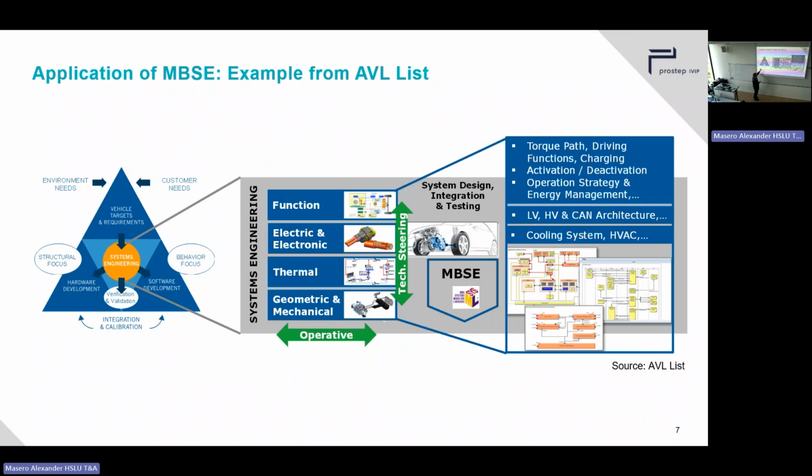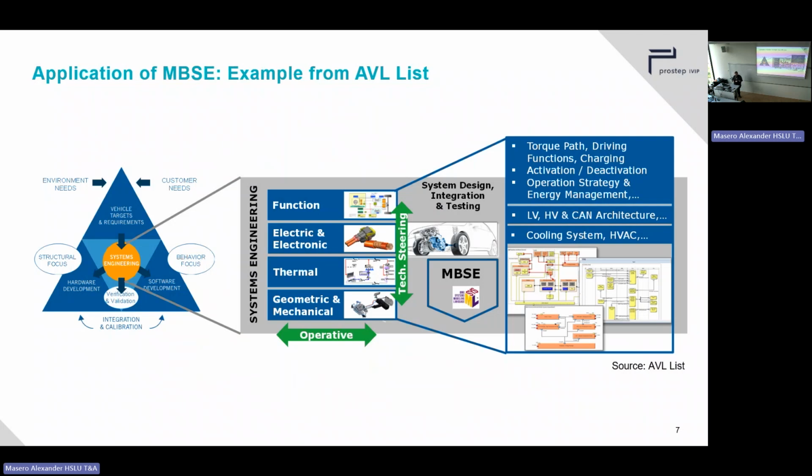Systems engineering takes in these targets and requirements and tries to, as already mentioned, orchestrate the different development activities: hardware development, software development, verification, validation, etc. Again, to emphasize it once more, at the heart of systems engineering is the system architecture model. Within AVL, we mainly use the system architecture model to, first of all, define the functions of the system, for example the driving functions or the charging energy management functions. We also use the system architecture model for defining the EE architecture.